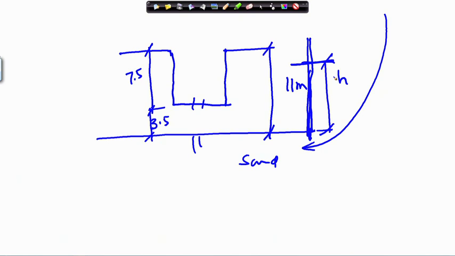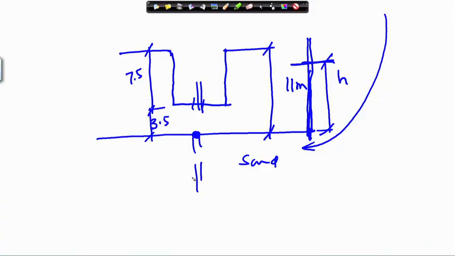Suppose this is the water level H. Then I have to consider the equilibrium at this point. Whatever downward weight is coming and whatever upward force is there because of this water, when they are equal, that is the critical point, and at that point cracks develop.